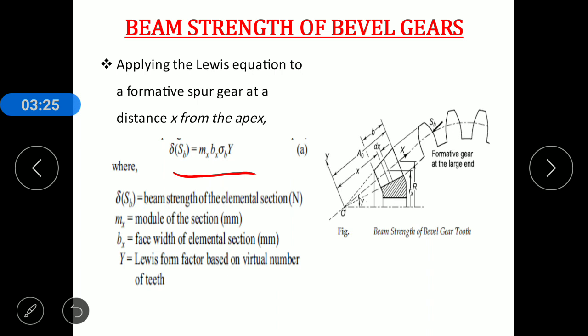Now first of all we find out the value of the module, that is mx, the module of the section. Everyone knows the definition of module: the pitch circle diameter to the number of teeth, or 2 into pitch circle radius to the number of teeth. In a similar manner we determine the value of mx.